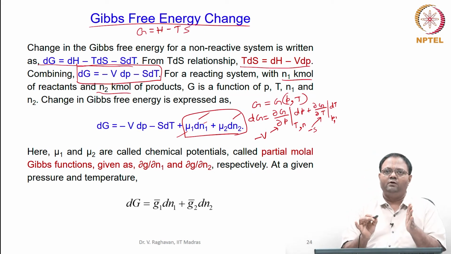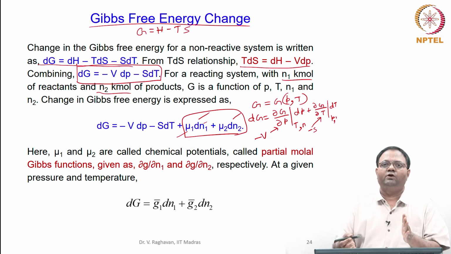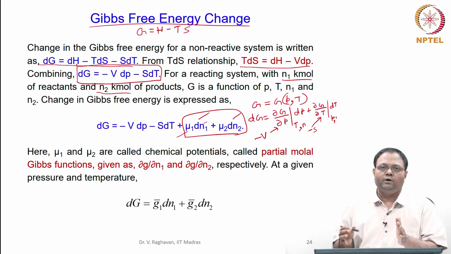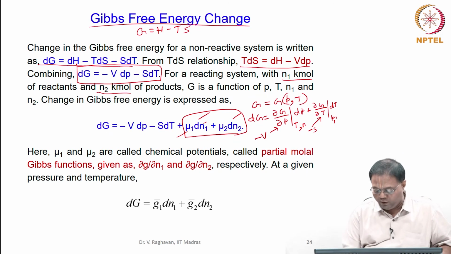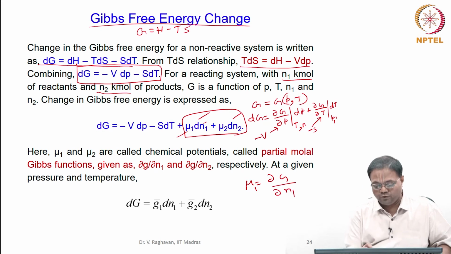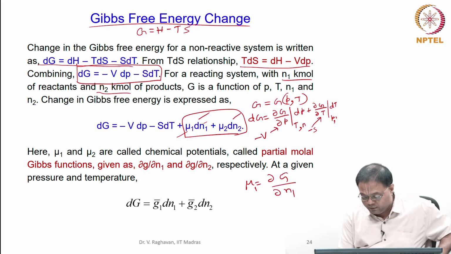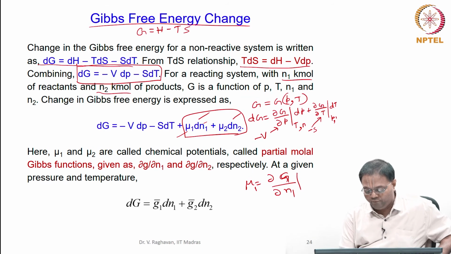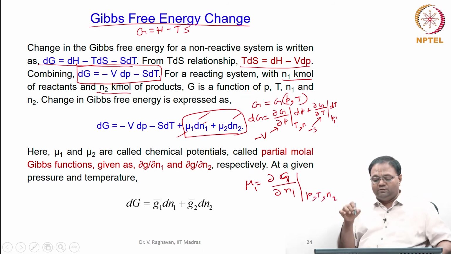Once one variable varies partially, if you want to differentiate, the other variables should be held constant. So mu1 is nothing but dou G by dou n1 when pressure, temperature and the product amount remain constant.